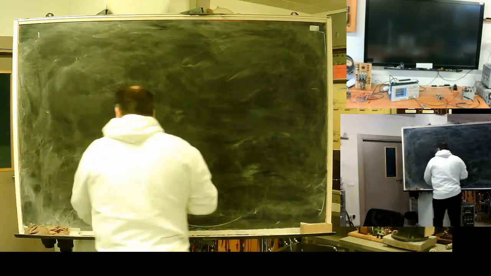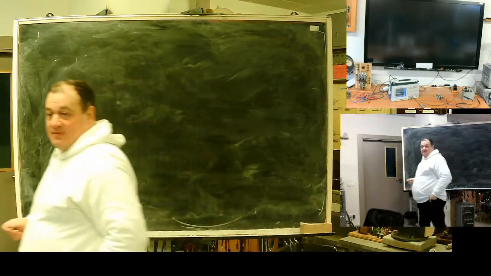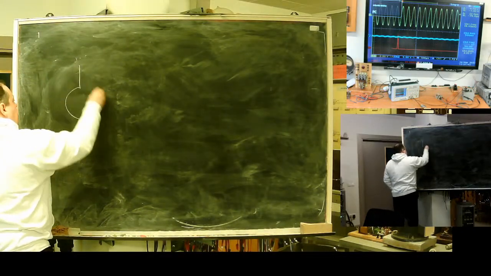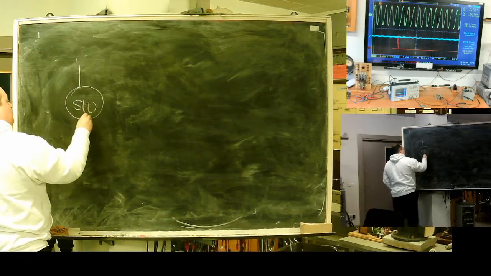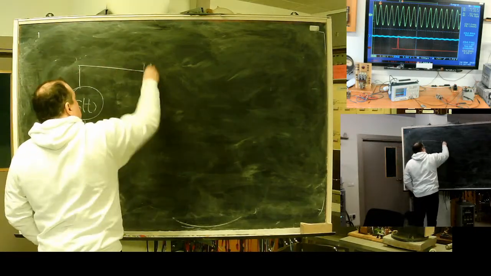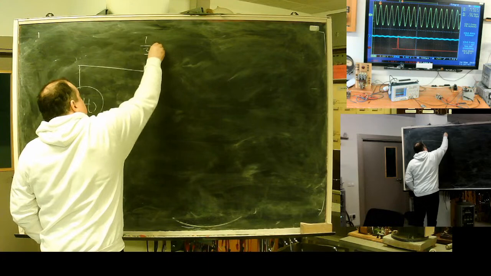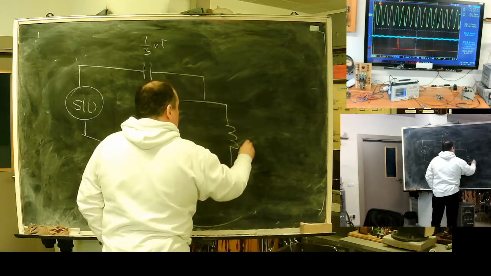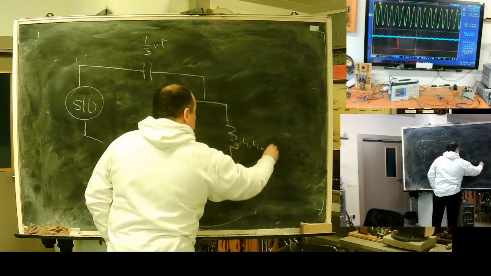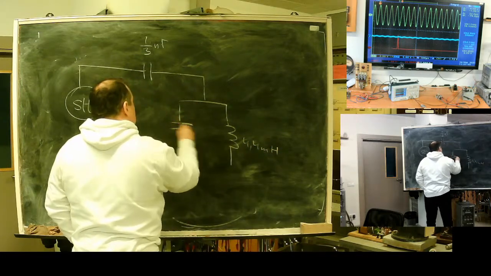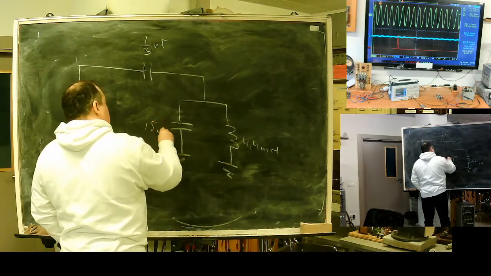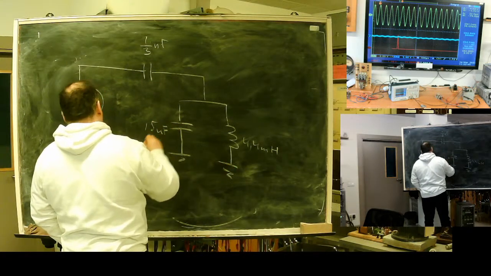At first, I have a small example here. I have a source of signal, a small capacitor of 1/3 nanofarad, and a circuit: a coil of 4.4 millihenry and a capacitor of 15 nanofarads.